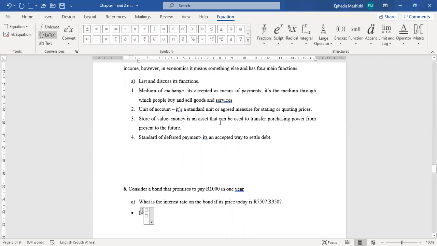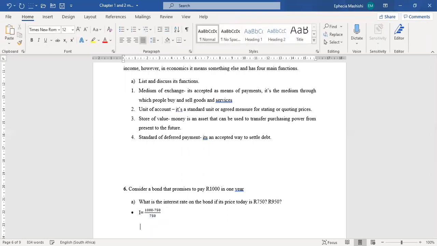So it's going to be 1,000 minus 750 over 750, multiplied by 100. And that will give us a solution of 53.33%.